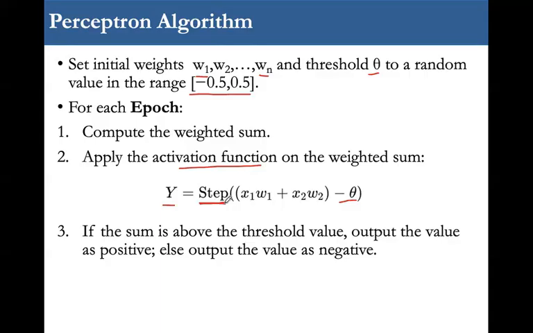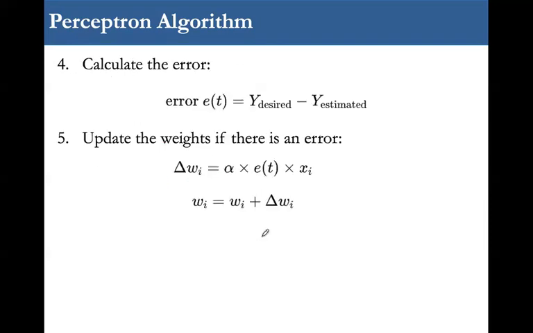Then if the sum is above the threshold value, output the value as positive, else output the value as negative. The next step is to calculate the error by subtracting the estimated output value from the desired output value. So it is represented as error E of t is equal to y desired minus y estimated.